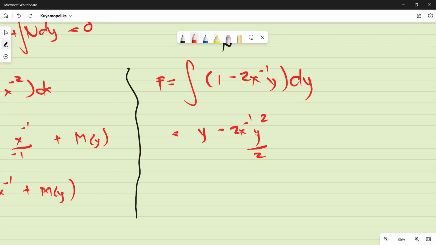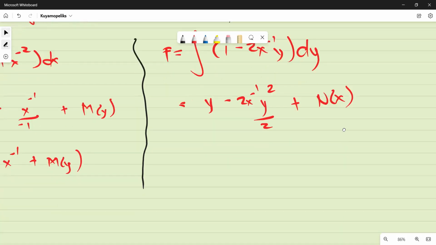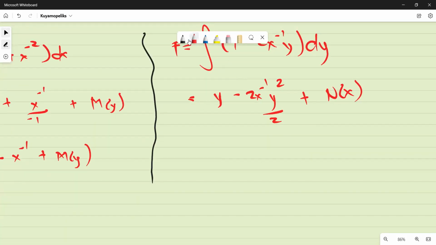We'll cancel later. We're still missing a plus constant because we integrated, so the constant is with respect to x. Because when it's dy, we put the constant with respect to x. We can simplify this further. So, our f is equal to y minus x minus 1 y squared plus n of x.